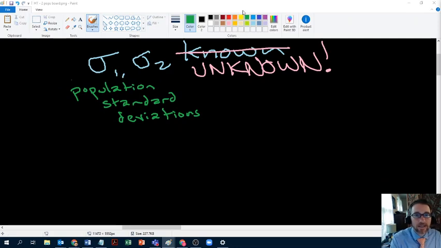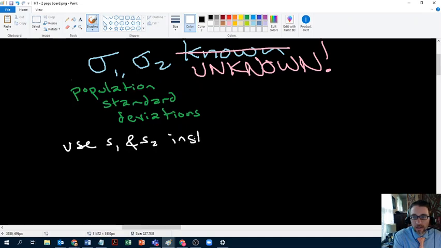As has been the case in the past, if we don't know sigma 1 and sigma 2, we're going to use S1 and S2 instead. And these are our sample standard deviations.